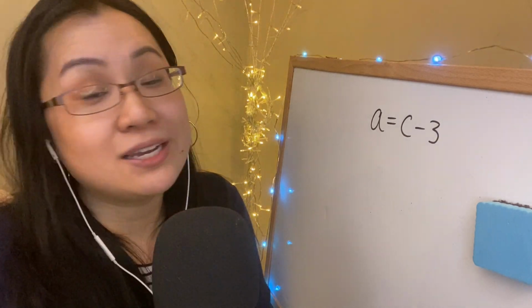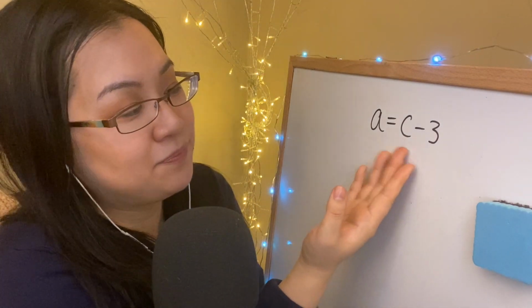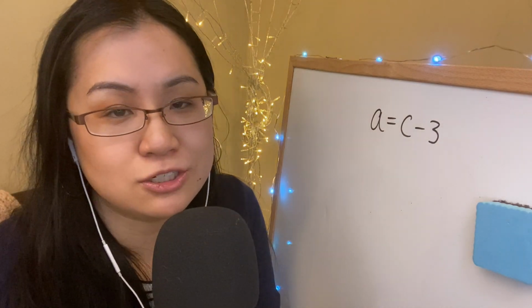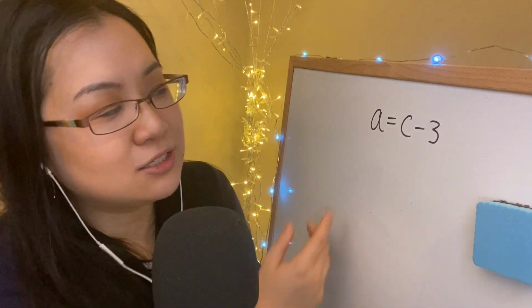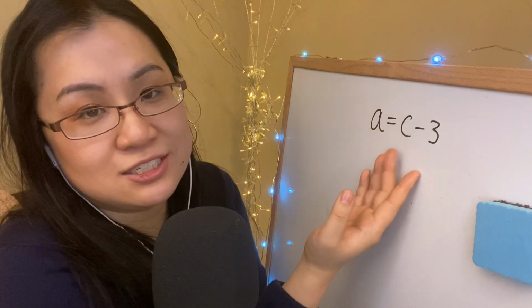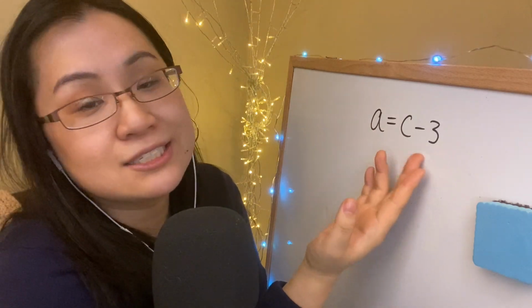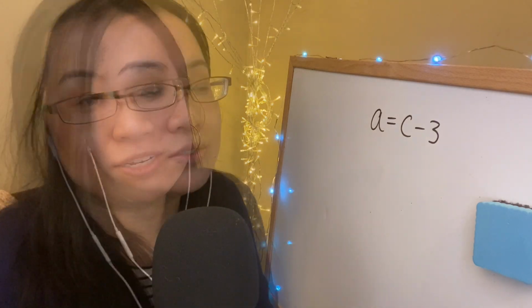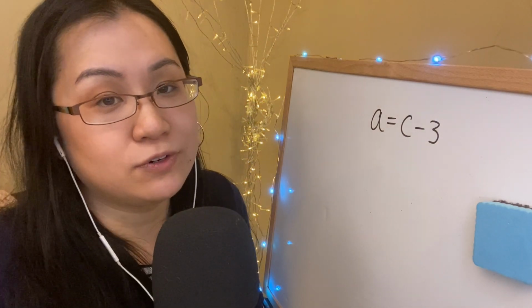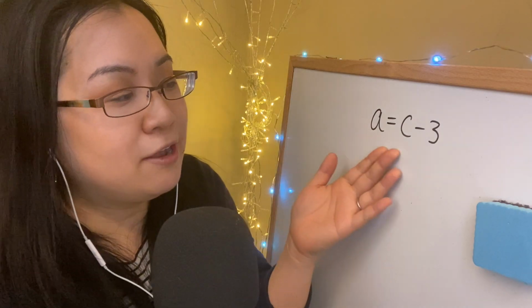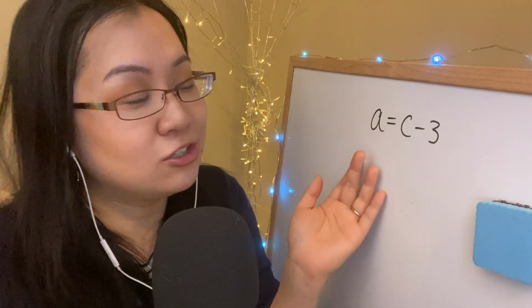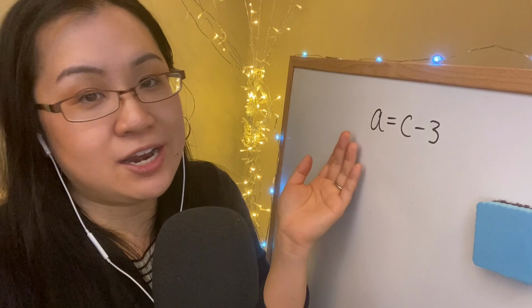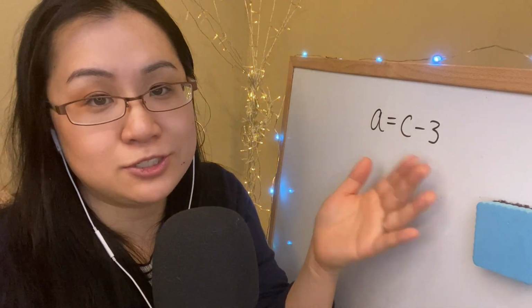If you have one equation and more than one variable, it is impossible to solve for exact values, because this just gives me a relationship. It says whatever C is, A is 3 less than that C, or C minus 3, right? So it's nothing about the exact value for A and C. So just because you might find a particular pairing here, like if C is 5, then A would be 5 minus 3, which is 2.